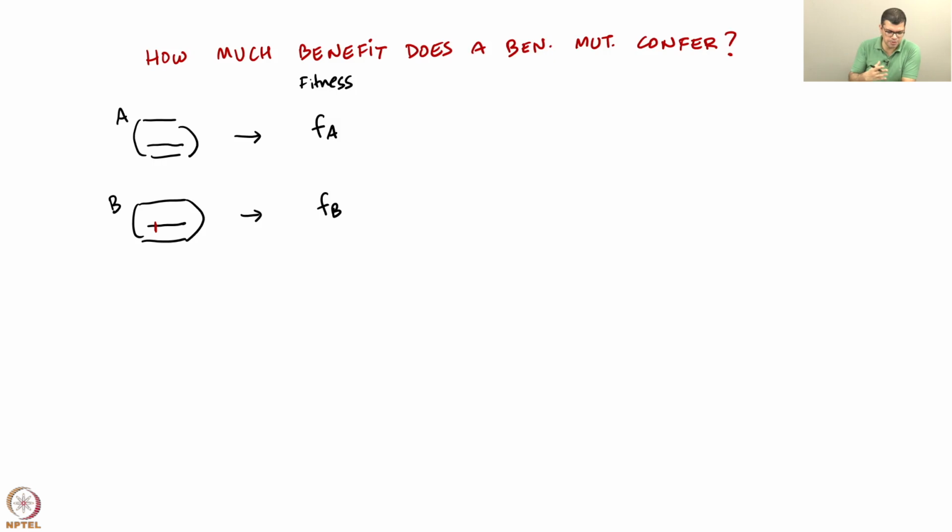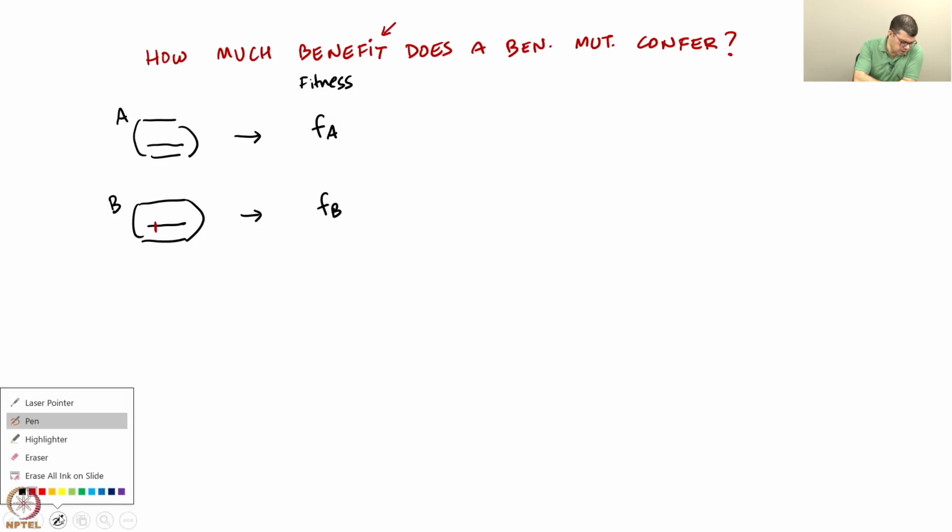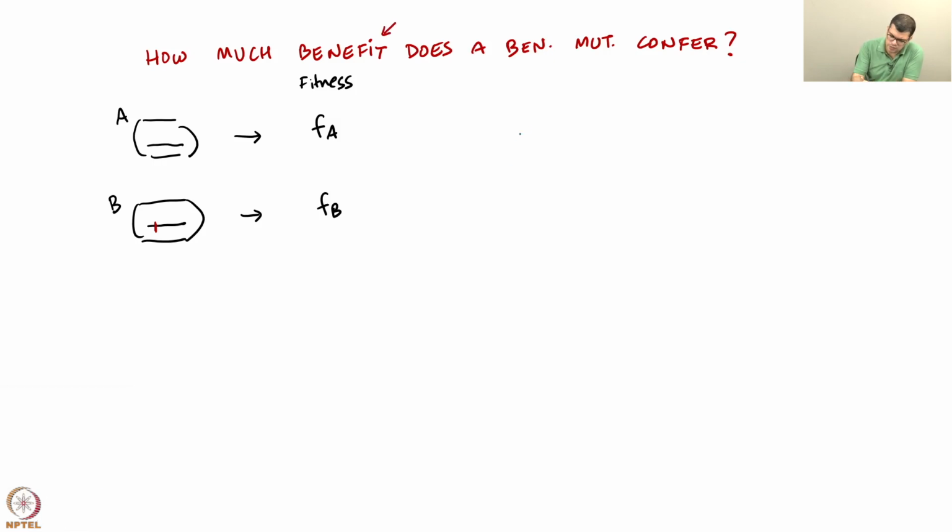That is the only difference between these two individuals. Then we want to quantify how much benefit this mutation confers, and the way to quantify that is via something called a selection coefficient.